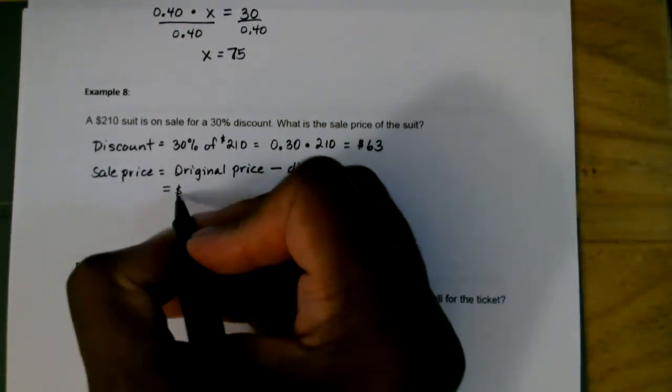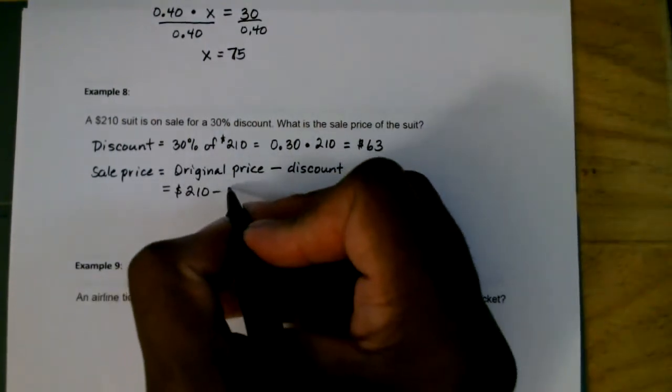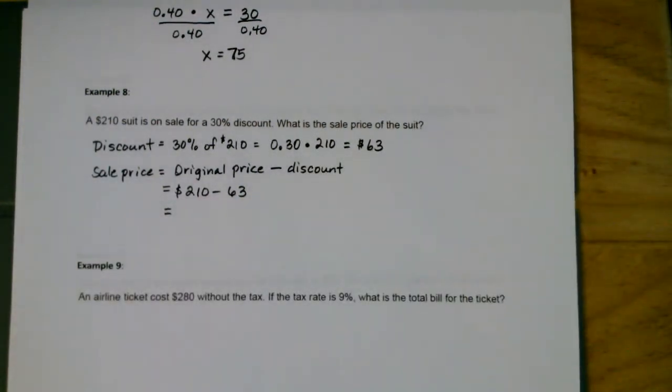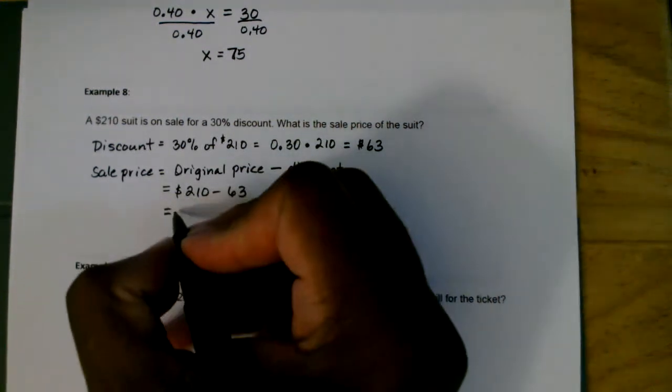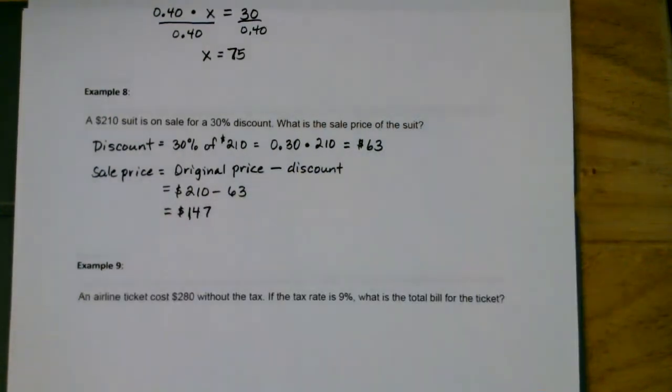So the original price is $210 minus the amount of that discount, 63. So 210 minus 63 ends up being 147. So that means the sale price of that suit was $147.